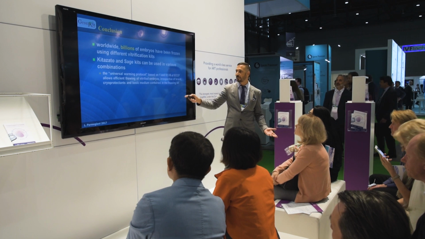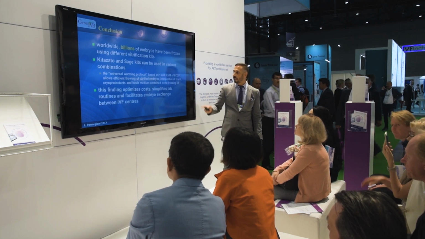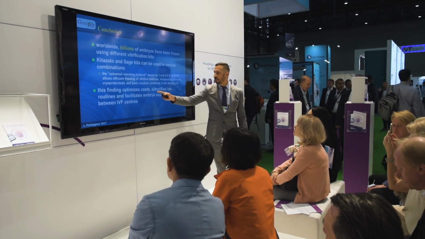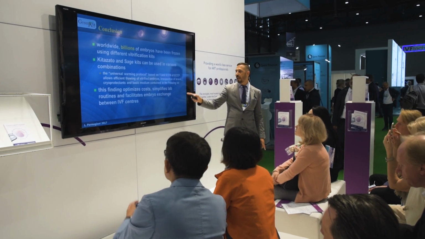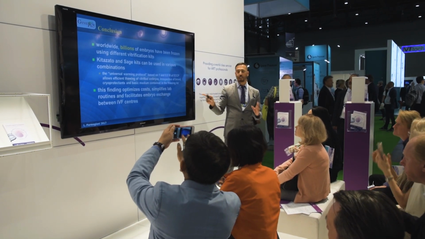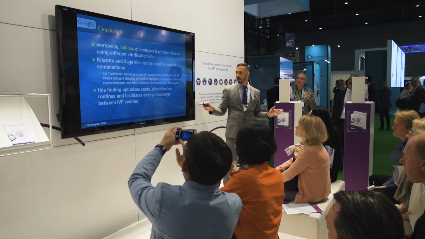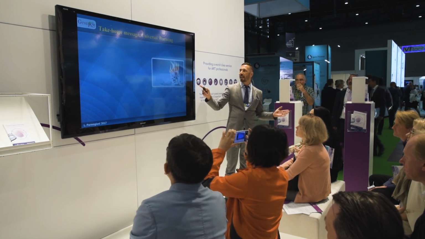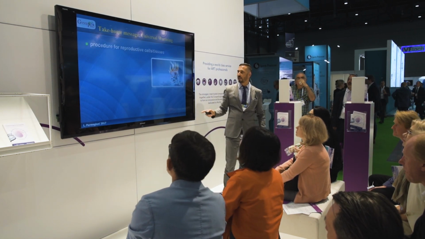So this is the first time that we can demonstrate this. This finding optimizes costs, simplifies lab routines, and facilitates embryo exchanges between IVF centers. So this is the take-home message for universal warming.